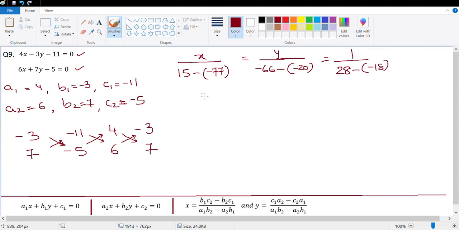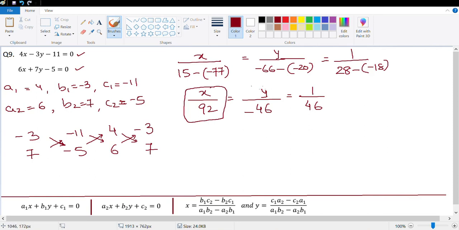Yes, so that's x upon 15 plus 77, that's 92. Yes, that's correct. y upon negative 66 plus 20, which means negative 46, is equal to 1 upon 28 plus 18, that's 46.